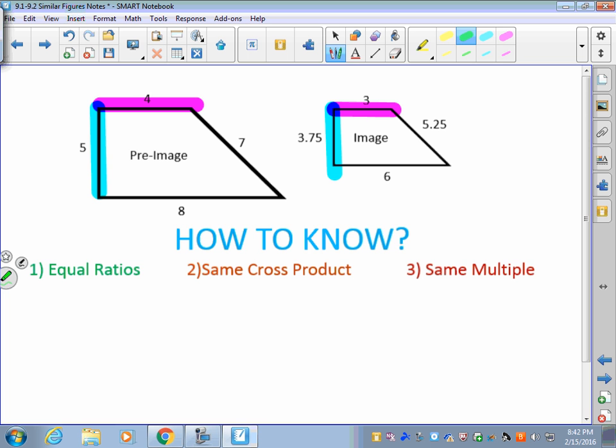If I look at the second base, because the trapezoid has 2 bases, we have 8, which correlates with the 6. And then the other side of the trapezoid, the slanted side, the 7 correlates with the 5.2. I'm color coding so you know which parts I'm going to show the relationship with.